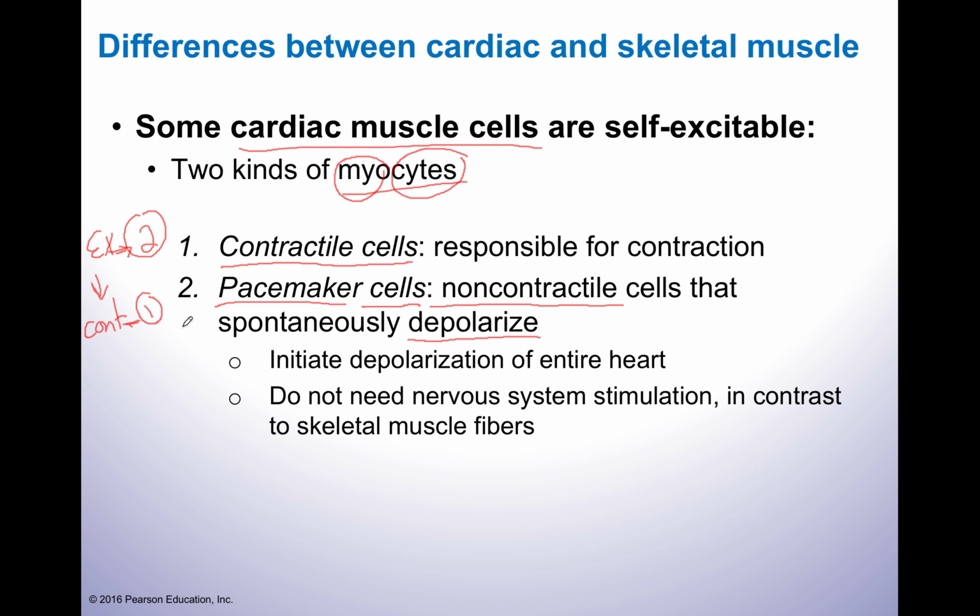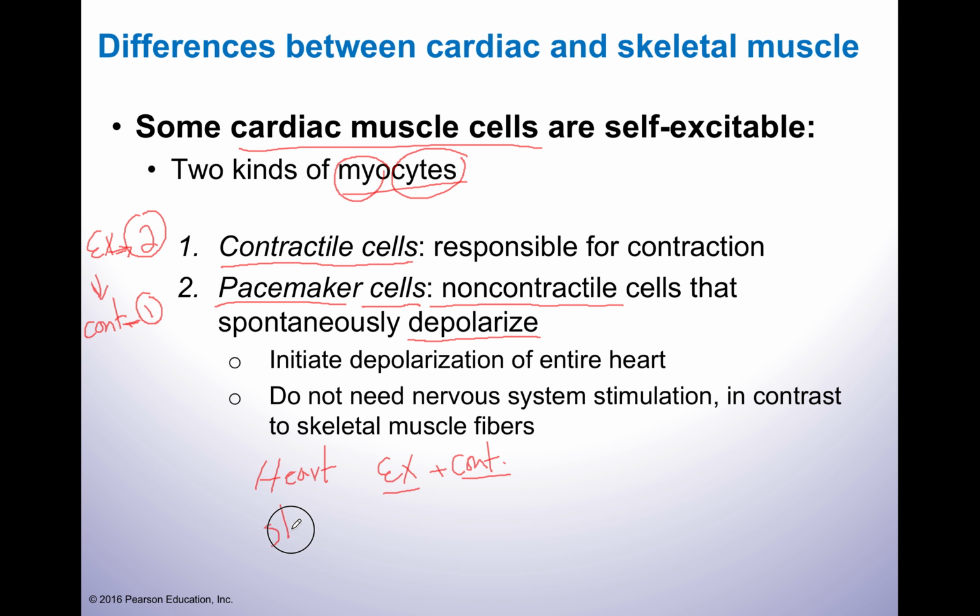What I mentioned here are differences between cardiac and skeletal muscles. This is extremely important, guys. Your heart does both excitation and contraction. It has cells for excitation and contraction.